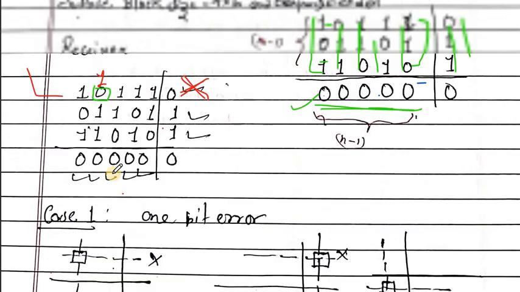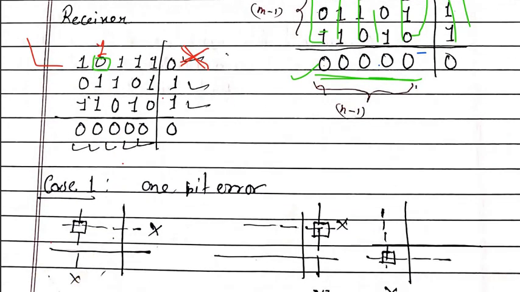In case 1, when there is a corrupted bit, the receiver will check all the rows and find in which row the parity bit is not balanced. The same is done for columns. In the first column there is a balanced parity bit, but in the second column there is an odd number of ones, but the parity bit is 0, so it is also a corrupted column.